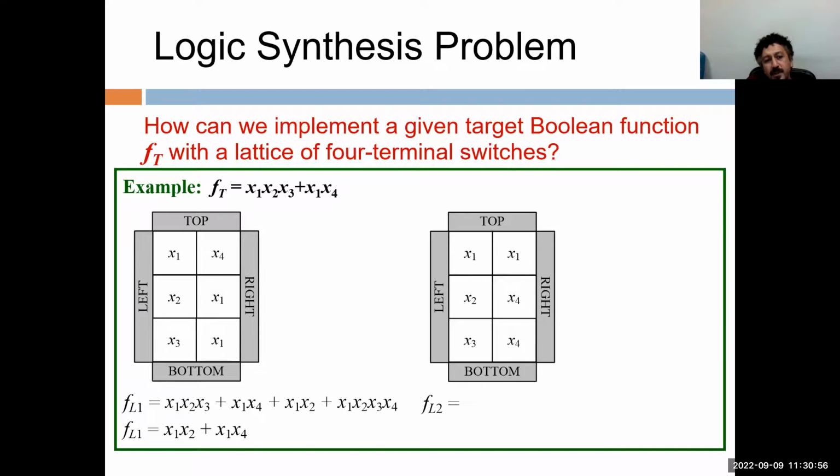If I tell you to implement this function with CMOS, two terminal switches, you can do it immediately: x1 in parentheses x2 or x3 or x4, and you do it immediately. But in lattices or arrays, similar problems happened in diode, FET and memristor-based arrays also. It's not quite straightforward, and we see a problem here, challenging. Let's check the second one.